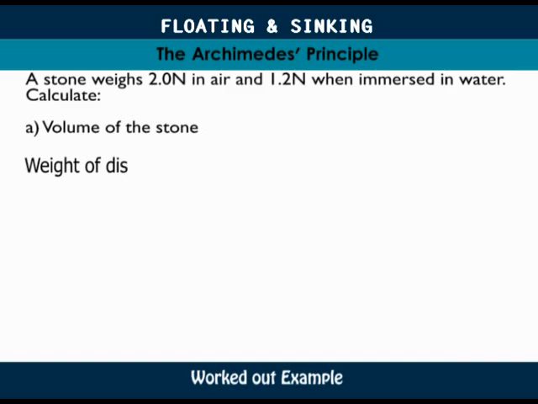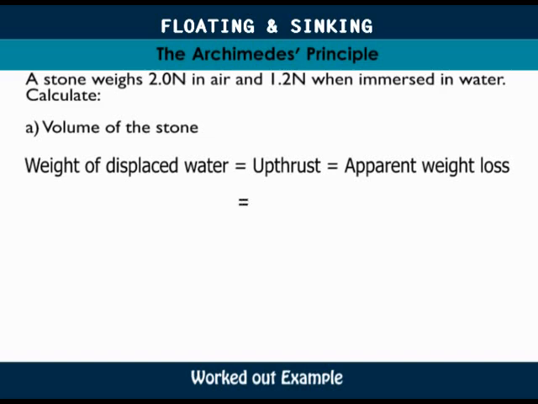The weight of the displaced water is equal to the upthrust, and is equal to the apparent loss in weight. That is 2.0 minus 1.2 newtons, giving us 0.8 newtons. This is the weight of the displaced water. Converting it into kilograms, we get 0.8 divided by 10, and we get 0.08 kilograms.